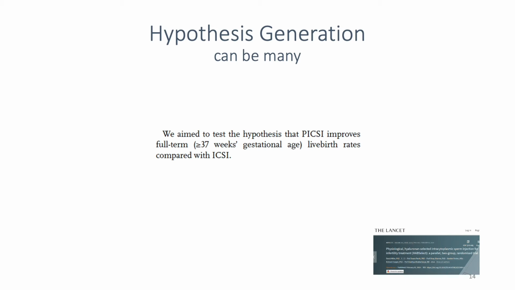So if we take the HAB Select study, for example, published in the Lancet, they were specifically interested in testing a hypothesis that PICSI improves full term, greater than 37 weeks gestational age, live birth rates compared to ICSI. That was their specific hypothesis they were testing.